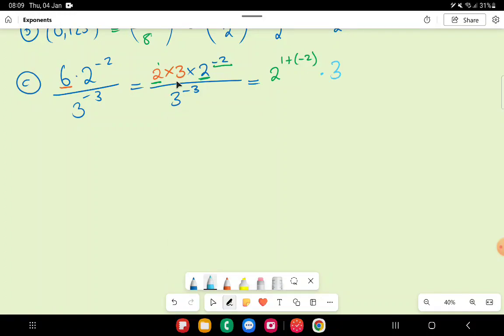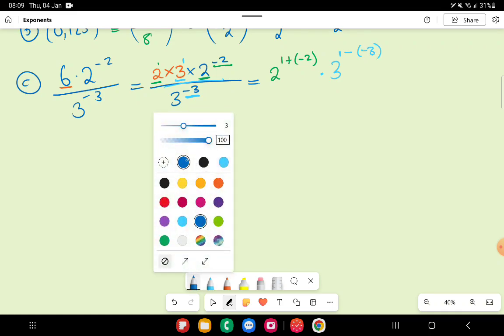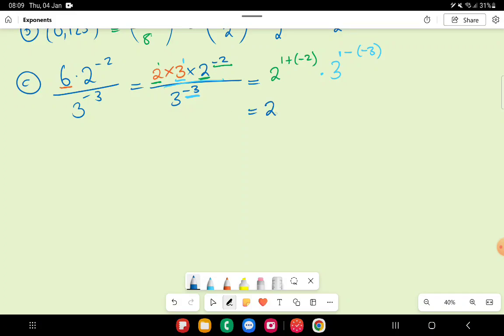So a 2 to the power of 1 plus negative 2, because it's up top there, we're adding it. And then we're going to do the 3, which is going to be times 3 to the 1, that's that one, and minus 3 at the bottom. Okay, so let's simplify. So this becomes 2 to the 1 minus 2 is minus 1, times 3 to the 1 plus 3 is 4.